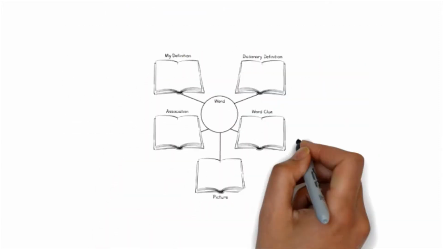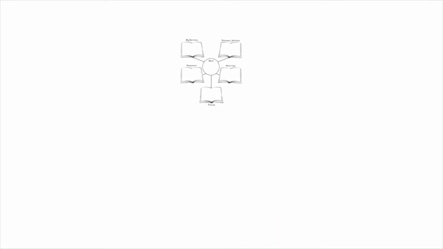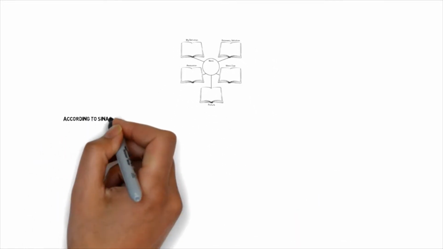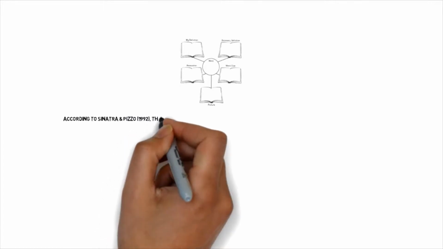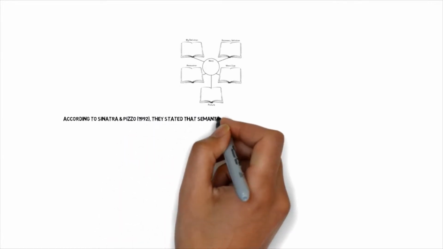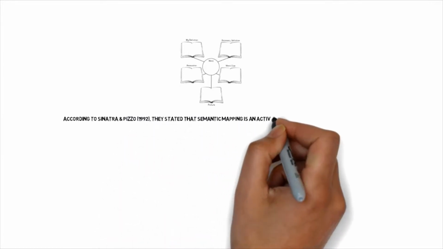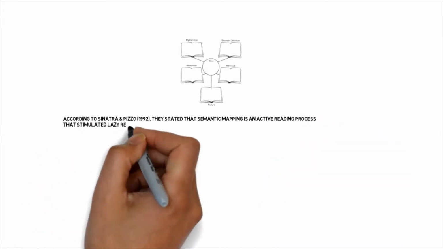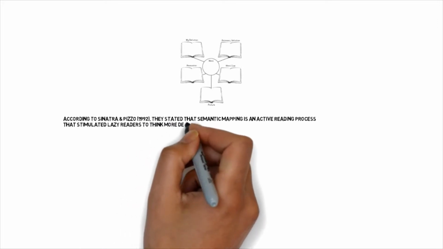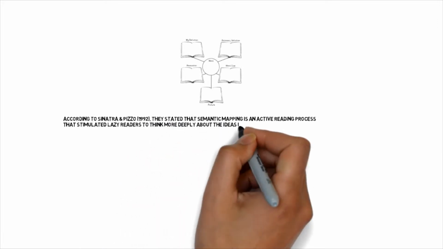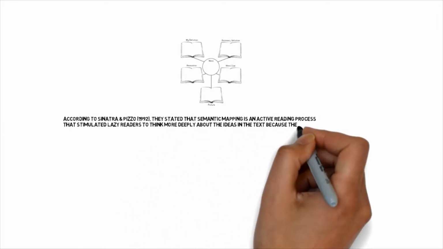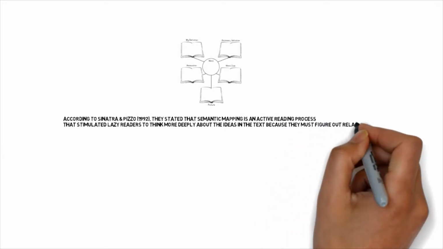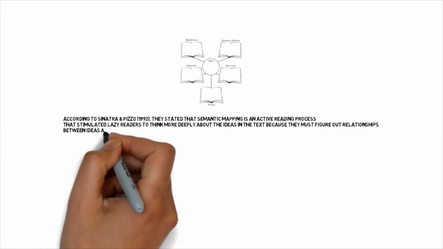According to Sinatra and Piso, 1992, semantic mapping is an active reading process that stimulates lazy readers to think more deeply about the ideas in the text, because they must figure out the relationships between ideas and the hierarchy of their organizations.